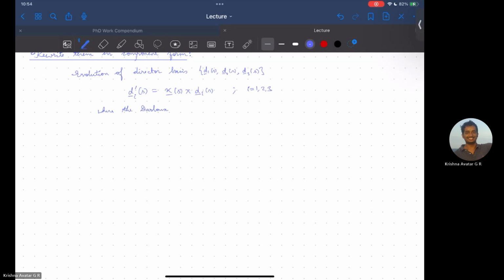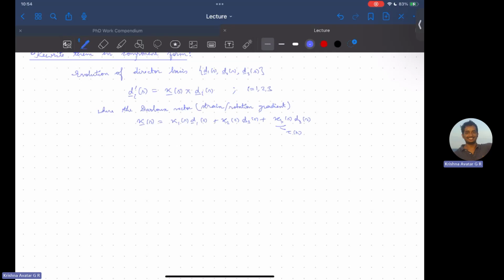It is also sometimes called a strain gradient or rotation gradient. It is represented as kappa 1 of s d1 of s, kappa 2 of s d2 of s, and kappa 3 of s d3 of s, because all of them are functions of s. Sometimes we also call kappa 3 of s as tau of s, so it means the same thing.